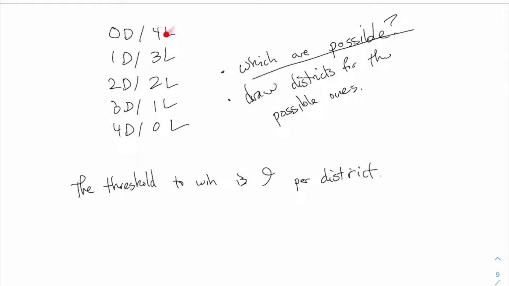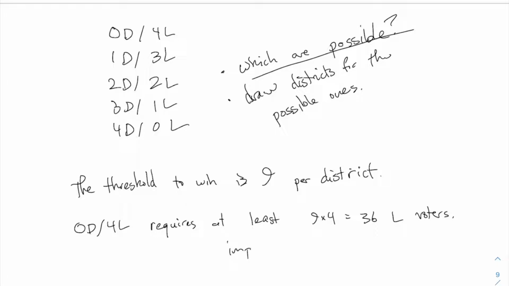Is it possible to get 4L districts? 0D 4L requires at least, in terms of the L's, 9 times 4, which would be 36 L voters. And this is not possible, because there's only 32 L voters. And so this is impossible.